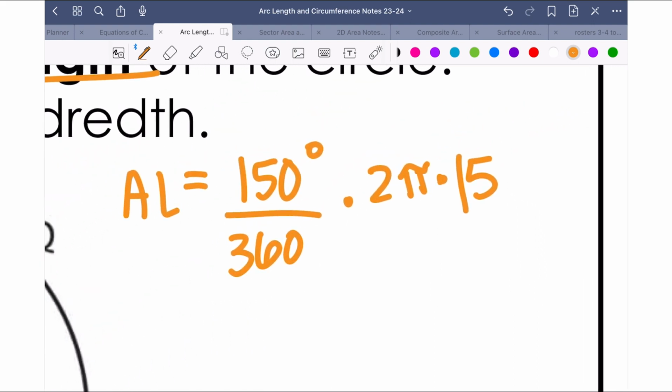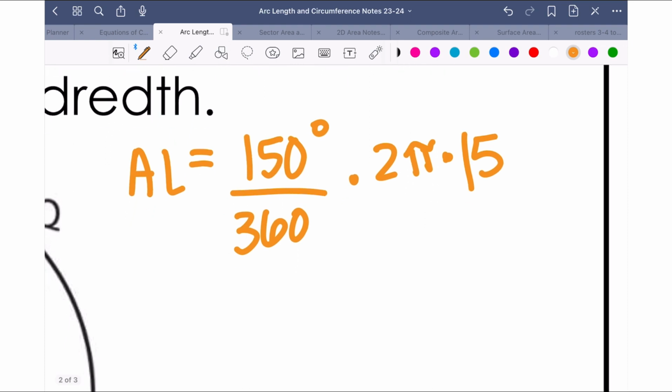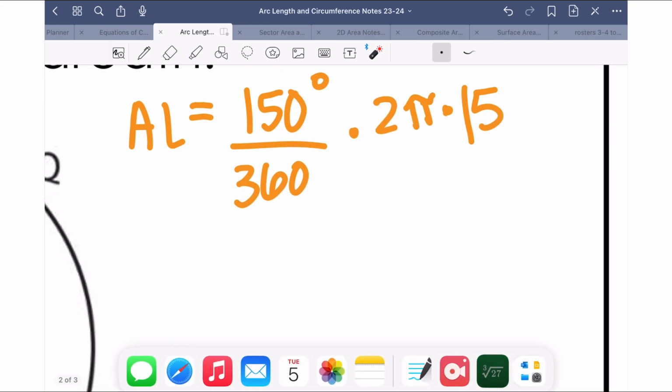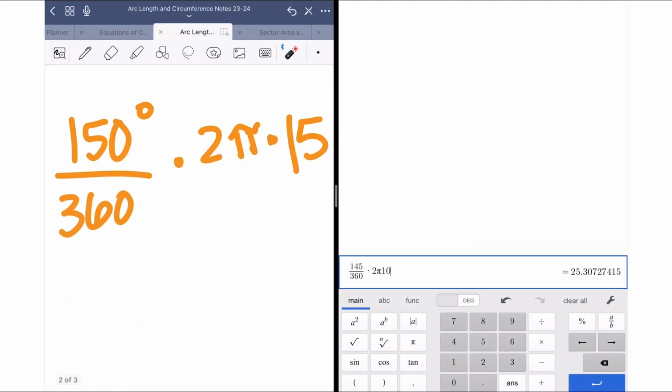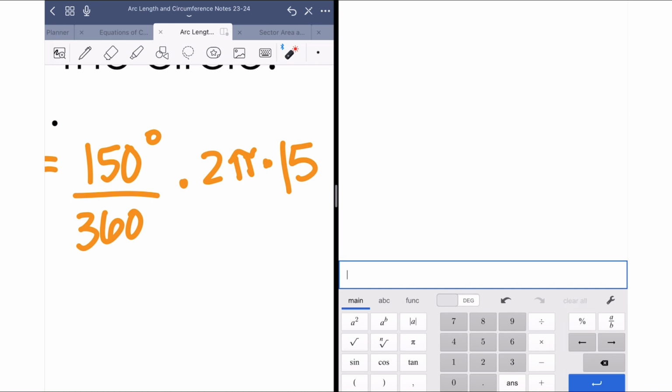Again, it's your portion times your circumference, 2 pi r. All right, let's go plug it in and get our answer and round to the hundredths. So 150 out of 360 times 2 pi times 15. All right, this is the number I have.